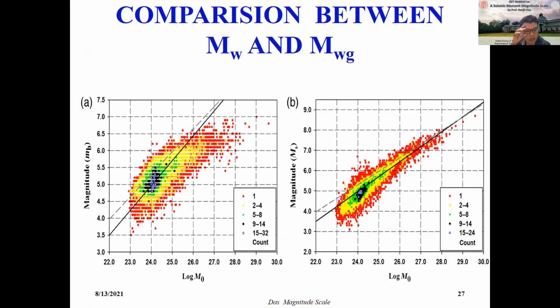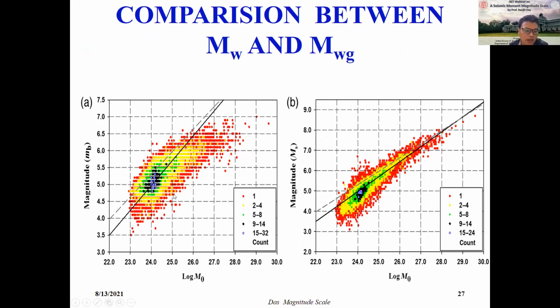So now we compare again, if we have the log moment, the seismic moment, and try to correlate with the different magnitudes. We have around 27,000 seismic moments.